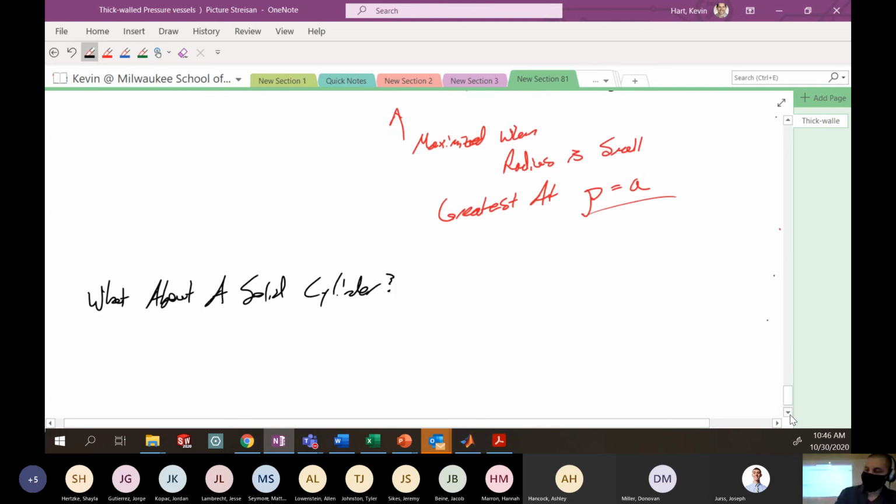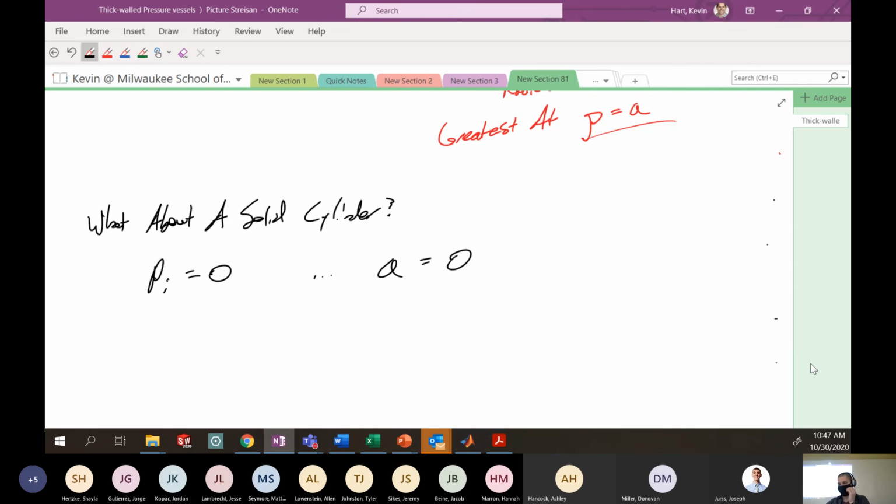Well, for a solid cylinder, you're going to have no internal pressure. So in this case, P_i is 0. It's just a solid piece. You can't have any real internal pressure there, unless you have some manufacturing issues that have caused residual stresses, but we're going to neglect that situation. And in this particular case, A is also equal to 0.